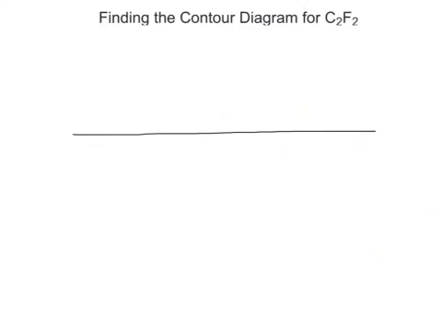Now we can start drawing our contour diagram for C2F2. What we need to do first is set down our central carbon atoms and their bonding in between them, because of the triple bond. So we have this and this. Let us remember that we have the two shared electrons, and these are going to be our sp bonds.